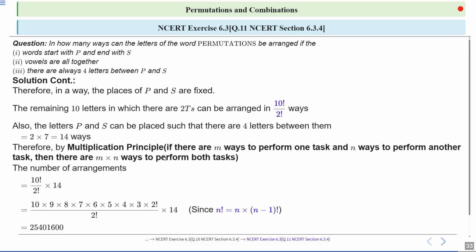So the number of ways the letters of the word PERMUTATIONS can be arranged with 4 letters between P and S is 25401600. Clear? I think it is clear to all of you.